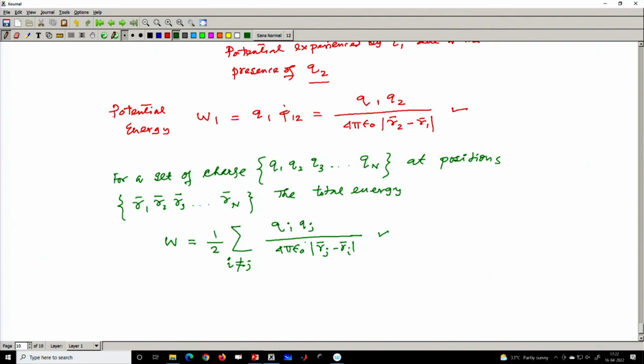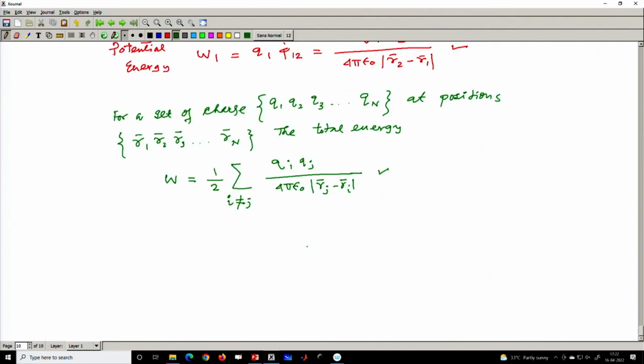If that is the case, discrete charges, we should have an expression like this. So, this is the expression of the total energy when all the charges are placed in these locations.